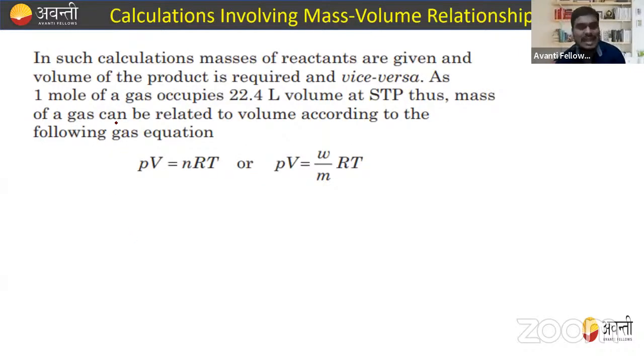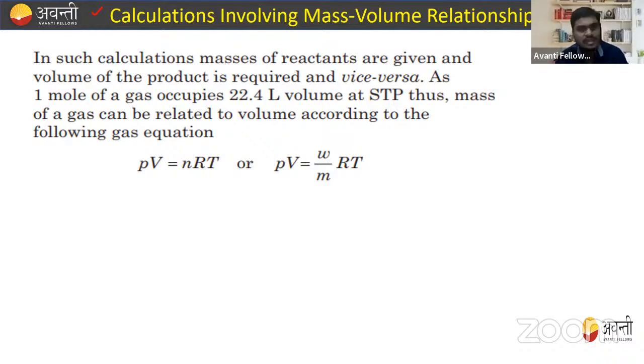On a similar basis, calculation involving mass volume relationship. In such calculations, masses of the reactant are given and volume of the product is required, and vice versa. Sometimes volume of the product is given and masses of the reactant are required.